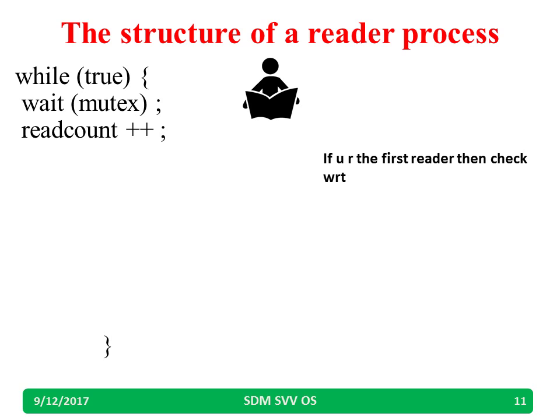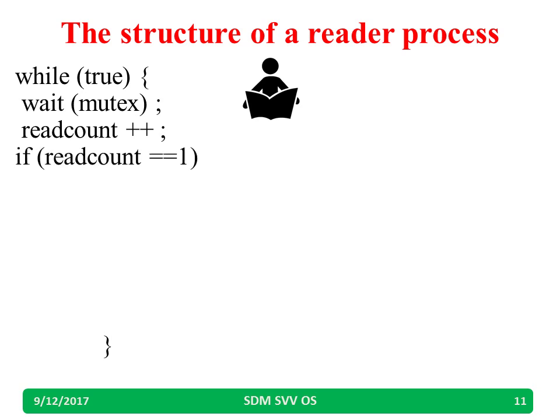If so, I have to check that nobody is writing, so wait on WRT. I have already done read count plus plus. Then signal the mutex so that other readers can read, increment the read count and signal the mutex.